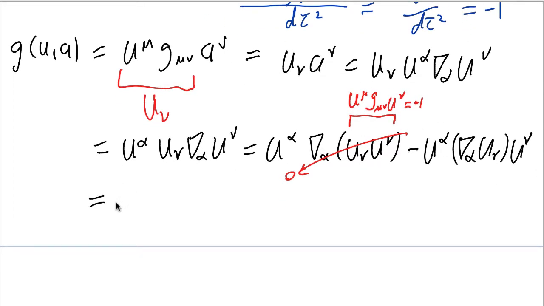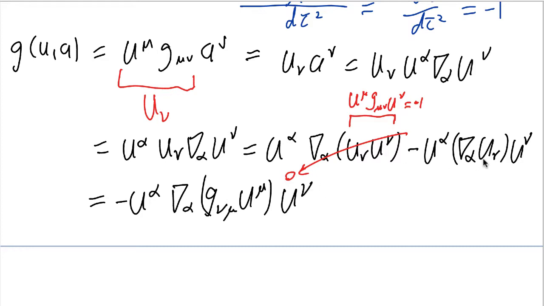We have minus u alpha del alpha acting on u nu, and now let me go ahead and undo that lowering of the index and write u lower nu as g nu mu, u upper mu. And then we have times this u nu.